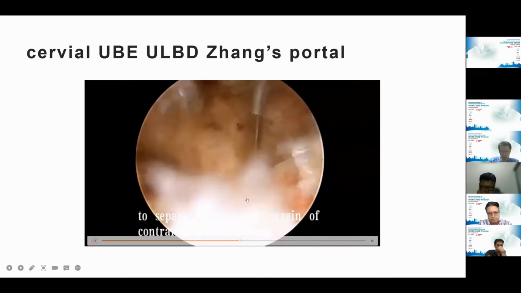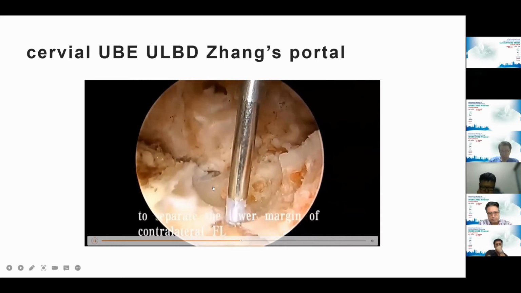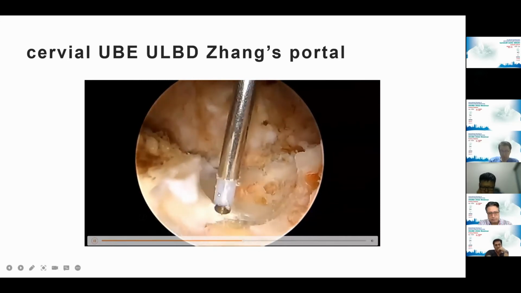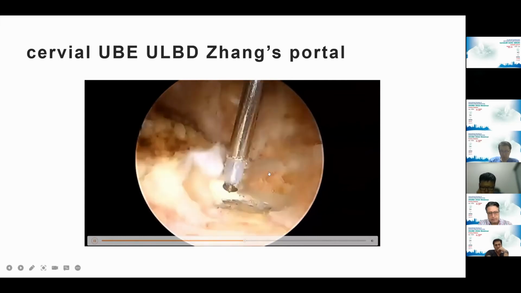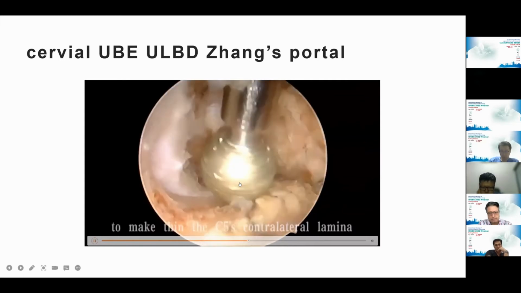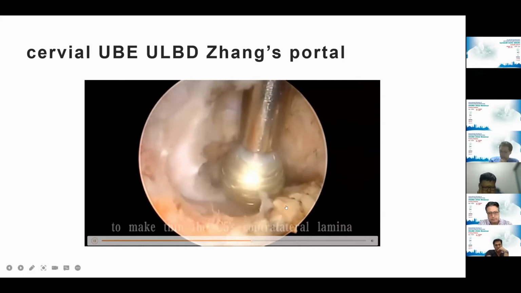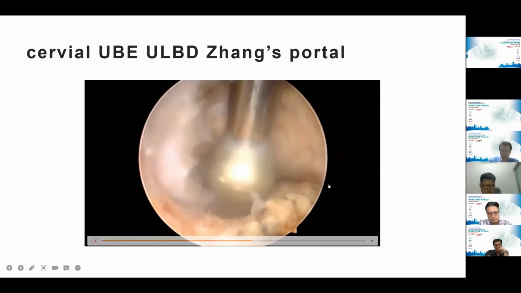Then I use the small size radio frequency to separate the flap ligament to make thin the C5's contralateral lamina.